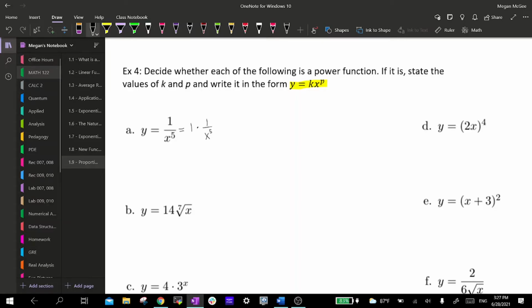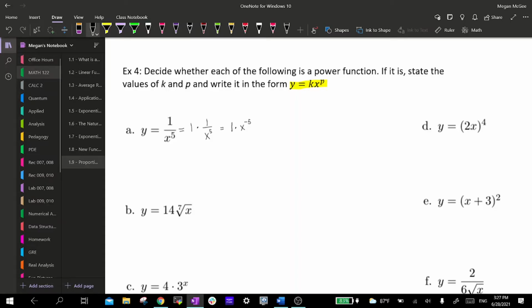And then we can rewrite this again as 1 times x to the negative 5th power. Do we agree with this? We can raise our x to the 5th into our numerator just by making our power negative.